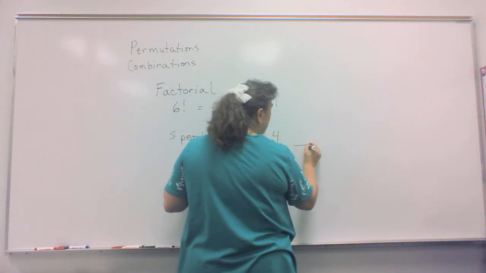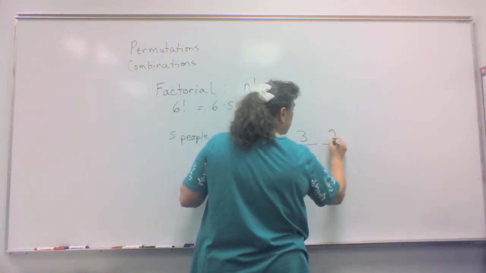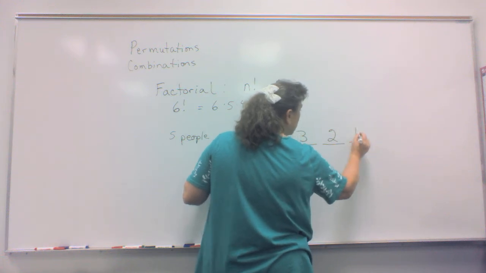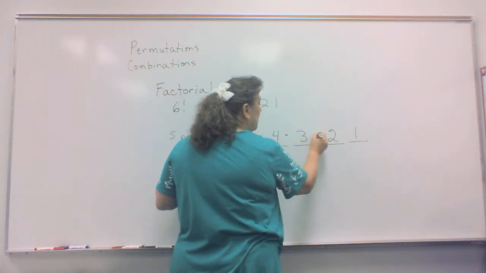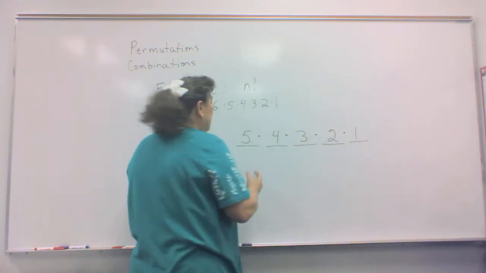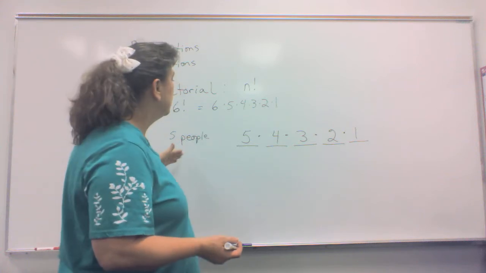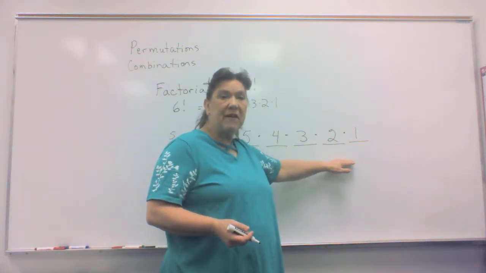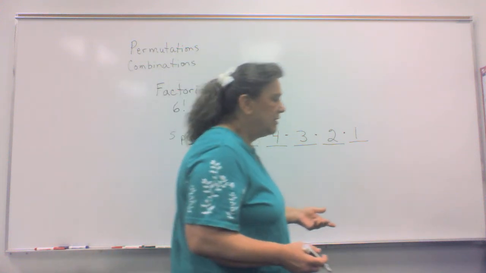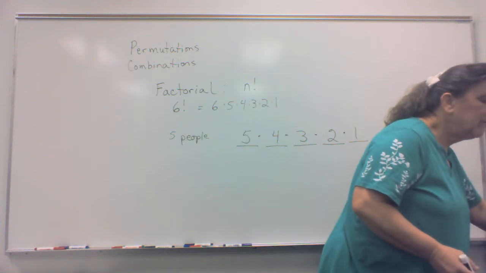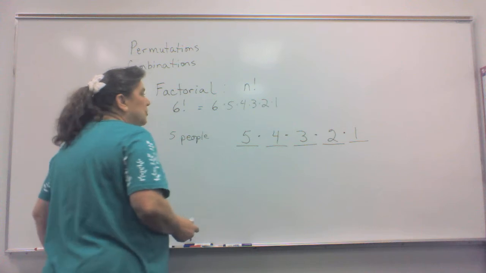The third position only has 3 people. The fourth position has 2 people, and the last position has the one that's left. So the number of ways you could arrange those 5 people into these 5 positions is 5 factorial. So you've actually seen it, you just didn't use it.